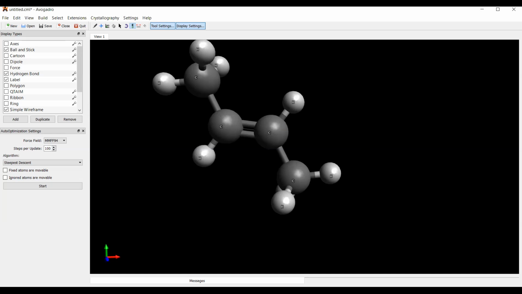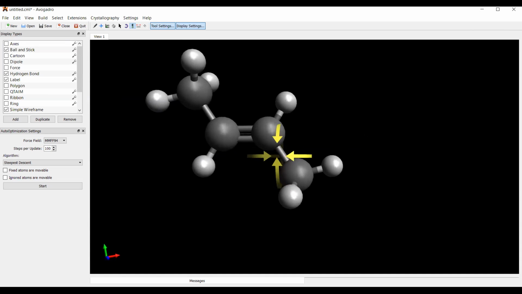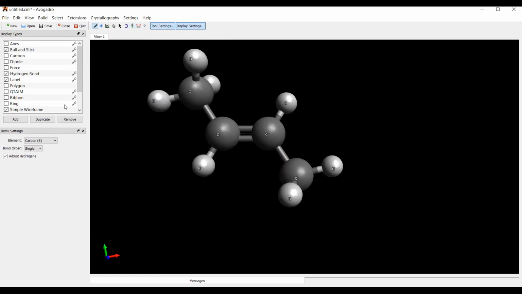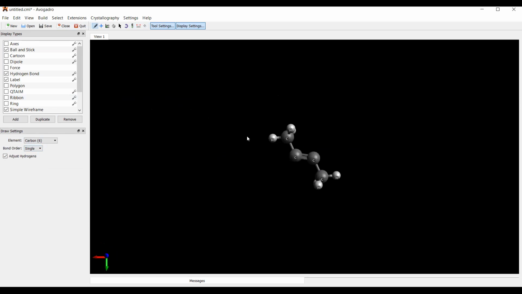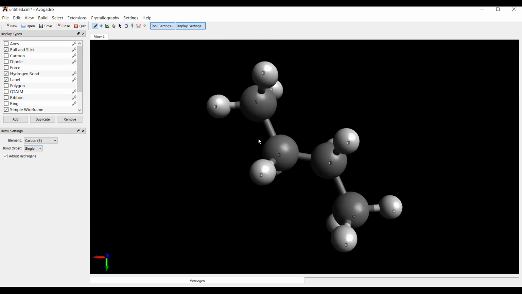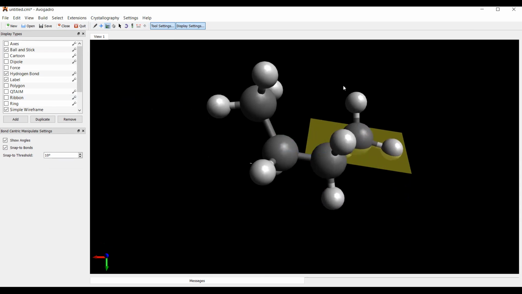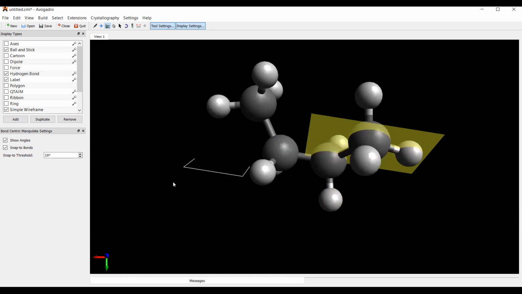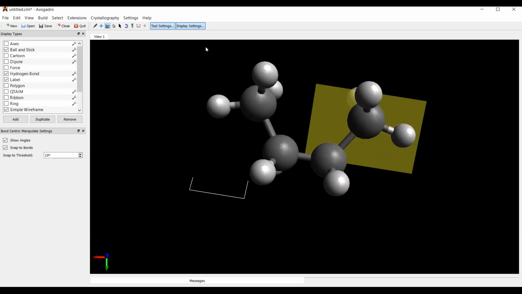Okay, fine. Now let us try to make the A structure. Bond order single. Now what I will do, I will have to rotate this bond first of all. So for rotation, I think I need to click here and then click here. Yeah, I think I have moved till here.